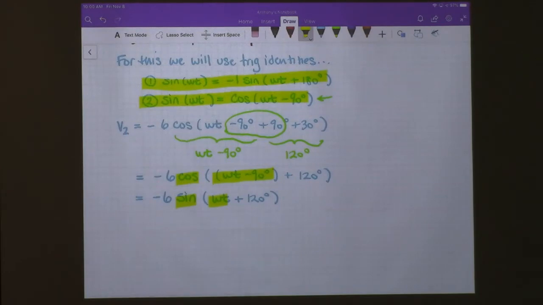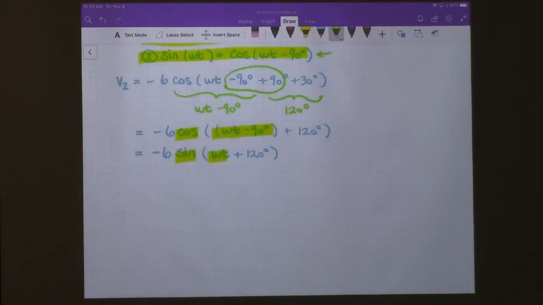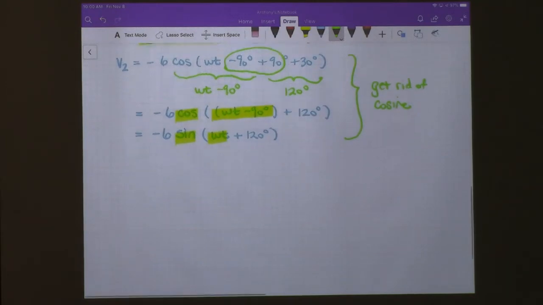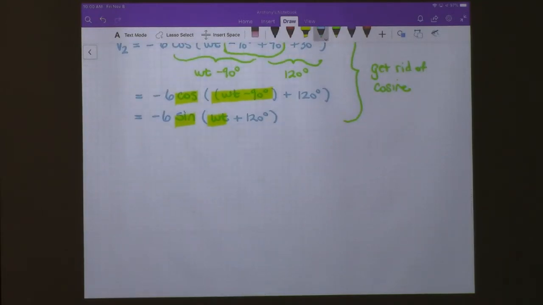Okay, lastly, these three steps here get rid of the cosine. And now I want to get rid of the sine. So I'm going to do something similar to what I did before. I'm going to say -6 sine omega t. And actually, I can just go ahead and flip it.